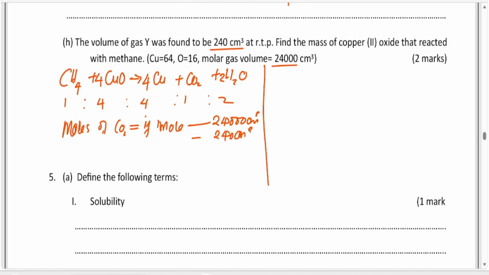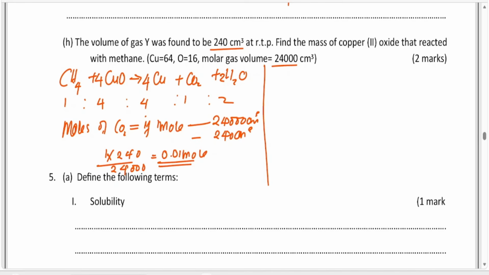So if that is the case, I take 1 times 240 divided by 24,000, and here we shall obtain 0.01. So with the moles of carbon dioxide, I can now use the mole ratio to determine the moles of any other reactants or products in our equation.